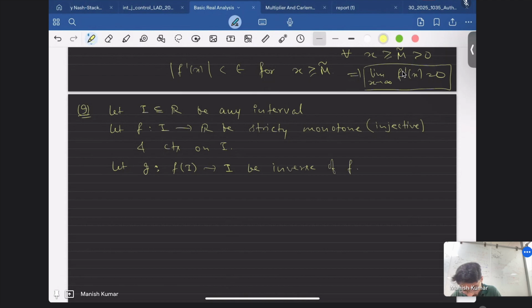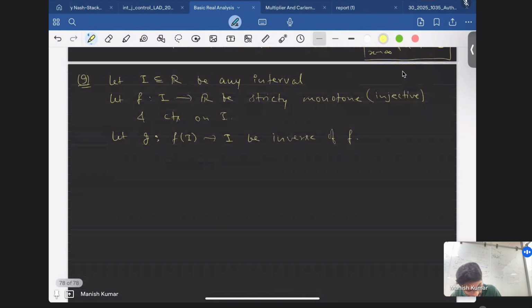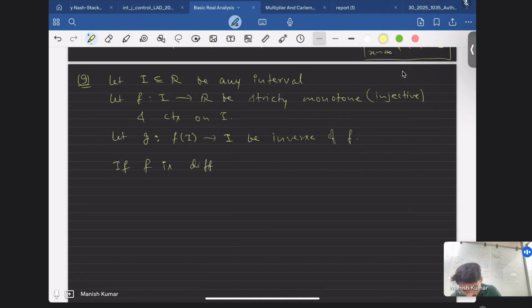If f is differentiable at some c belonging to the interval I, and f prime at c is non-zero, then show that g is differentiable at f(c), and this g prime at f(c) is equal to 1 by f prime at c.